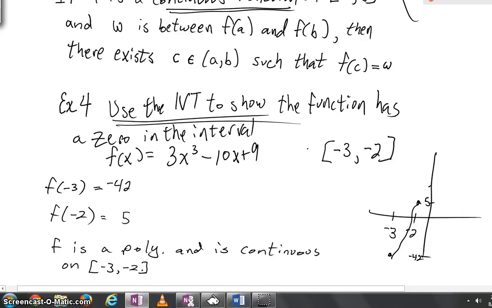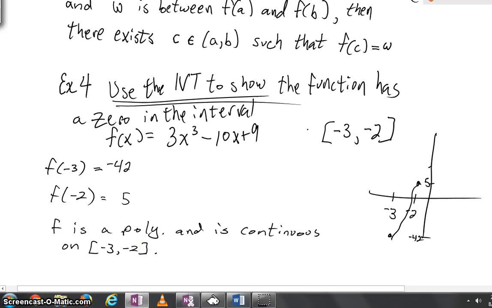It's true for both. And then we could say, well, in addition to that, I'm going to say 0 is between f of -3 and f of -2. f of -2 was the positive 5. f of -3, we saw by working that out, was -42. In other words, 0 is between those two extreme values.